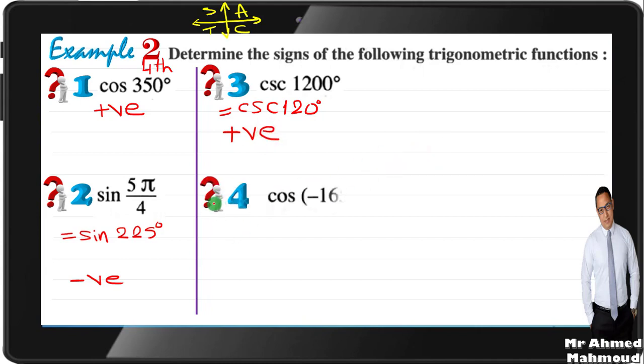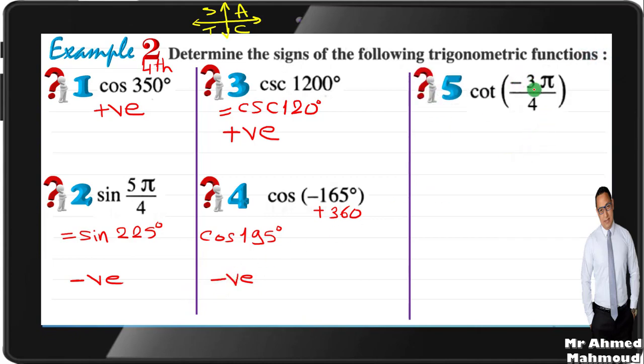Number 4, cosine negative 165 plus 360. So it will be cosine 195. 195 belongs to the third quadrant, and cosine in the third quadrant is negative. So it is negative.